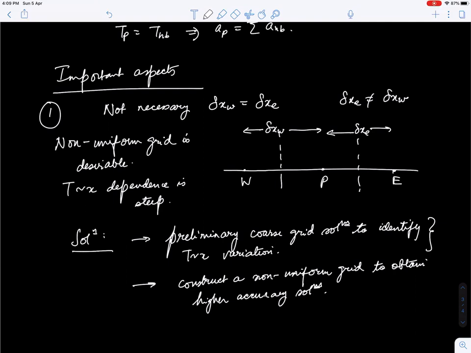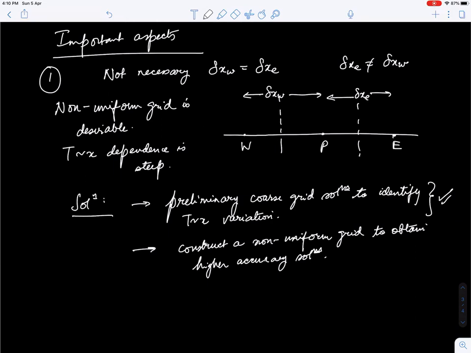And that is the reason we spoke about getting physically realistic solutions which give you an overall balance. So if we can maintain overall balance and physically realistic solutions for any type of grid, then we can have confidence in this exercise.